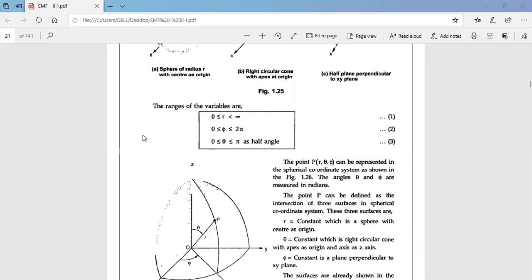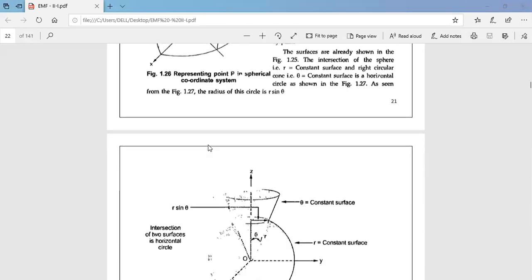All right. Imagine your ball, right? And imagine a cone from the origin. So you have your cone like this.